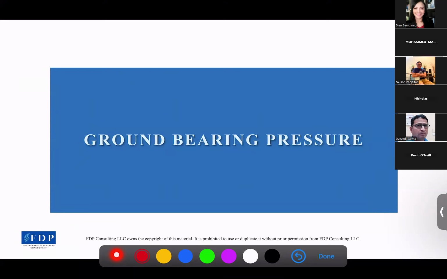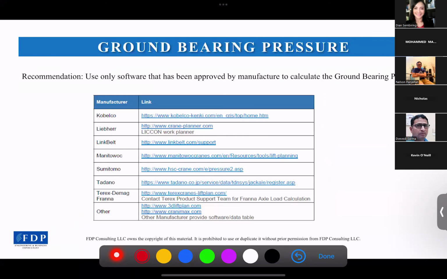Before we start into this, I'm going to put a disclaimer here: always use the software that has been approved by the manufacturer to calculate the ground bearing pressure, because they know their things and what is inside the crane.